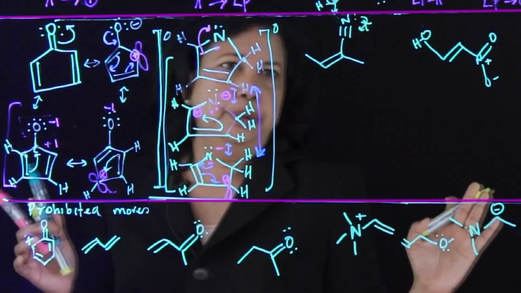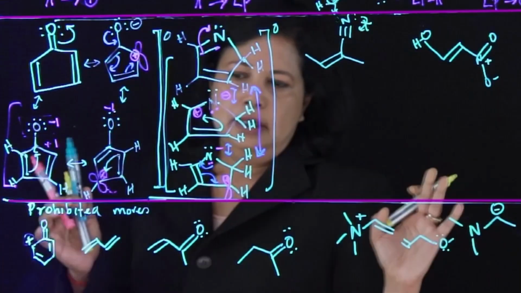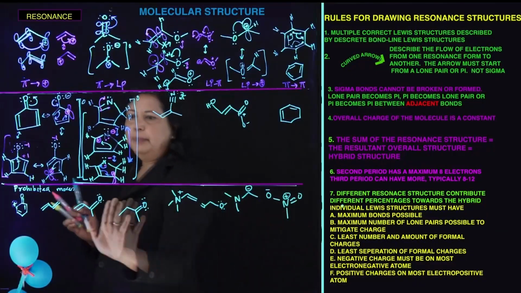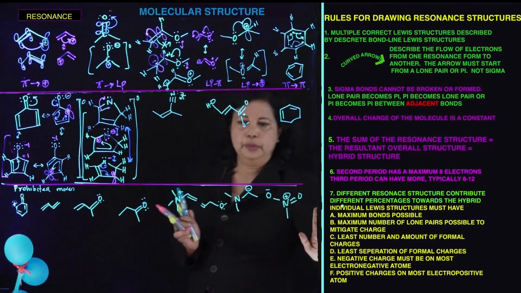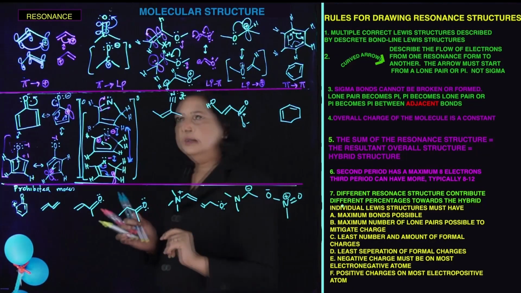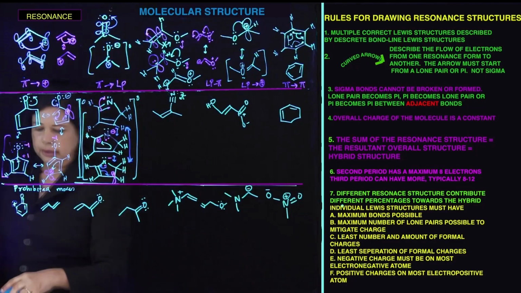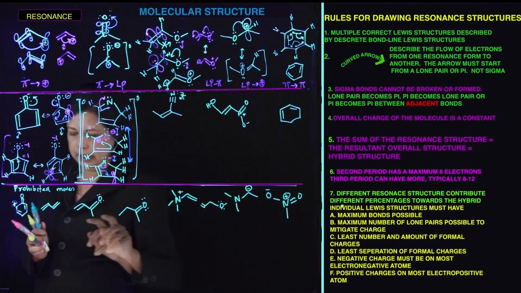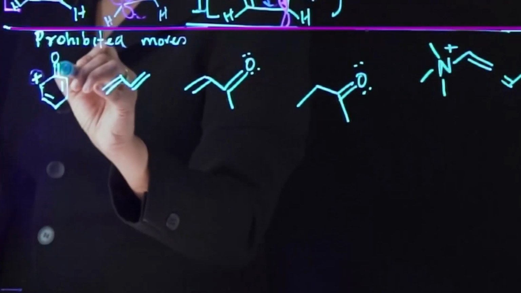Which one should you do? Well, let's look at some of the moves here that are forbidden, prohibited moves. Then you can tell me which one you're going to do. So over here, you have some moves here that are forbidden.